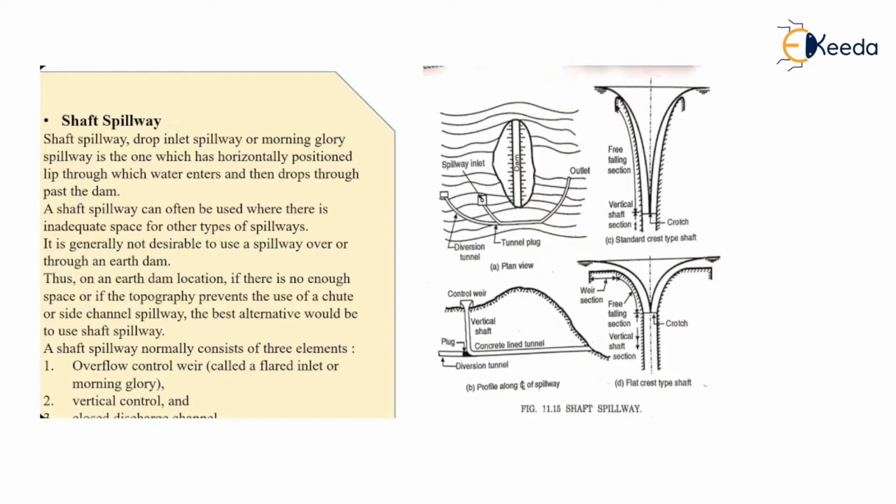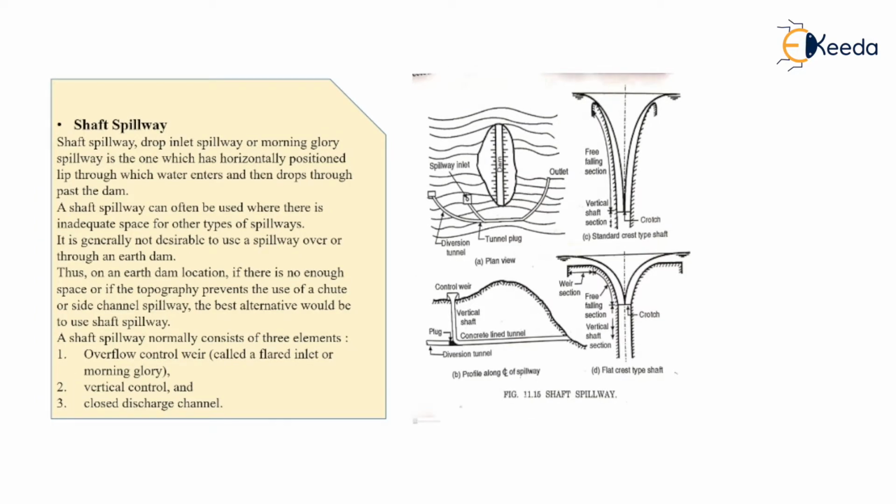So in that manner, this shaft spillway will work. This is one of the spillways used when the topography is not suitable and the other types of spillway cannot be adopted.